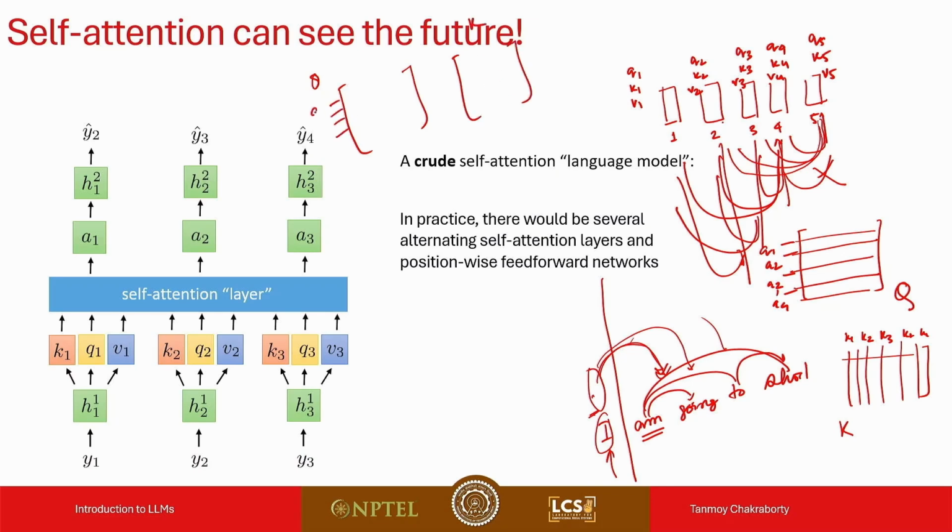Okay, Q1, Q2, K1, K2. When you multiply them, the resultant matrix will be Q1K1, Q1K2, Q1K3.